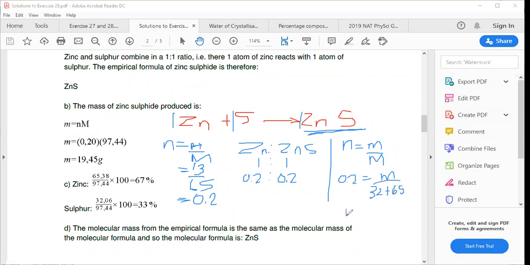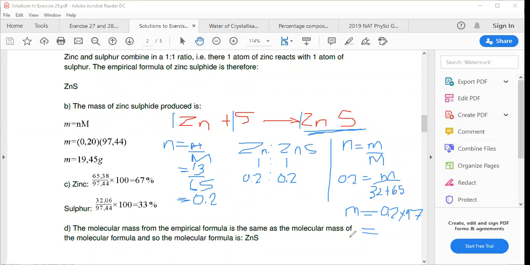Then I cross multiply. My mass is going to be equal to 0.2 multiplied by 97. Then my answer must be the same as the other one.